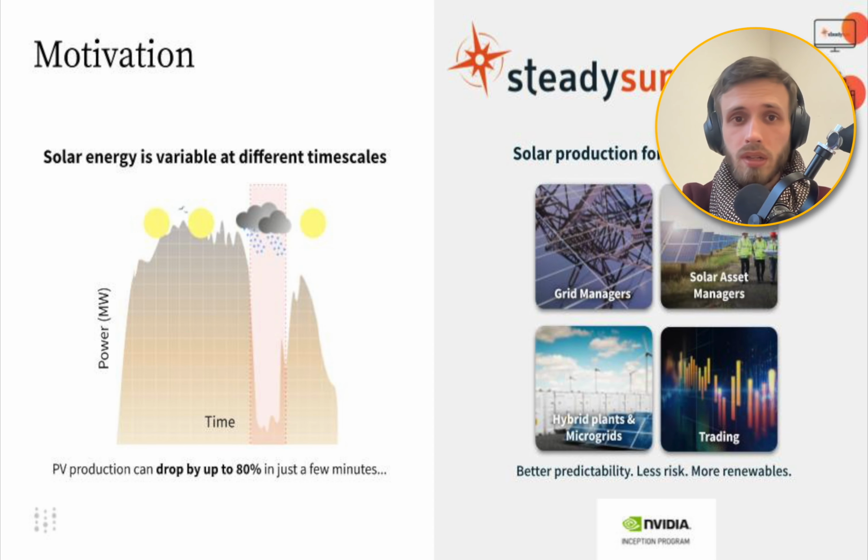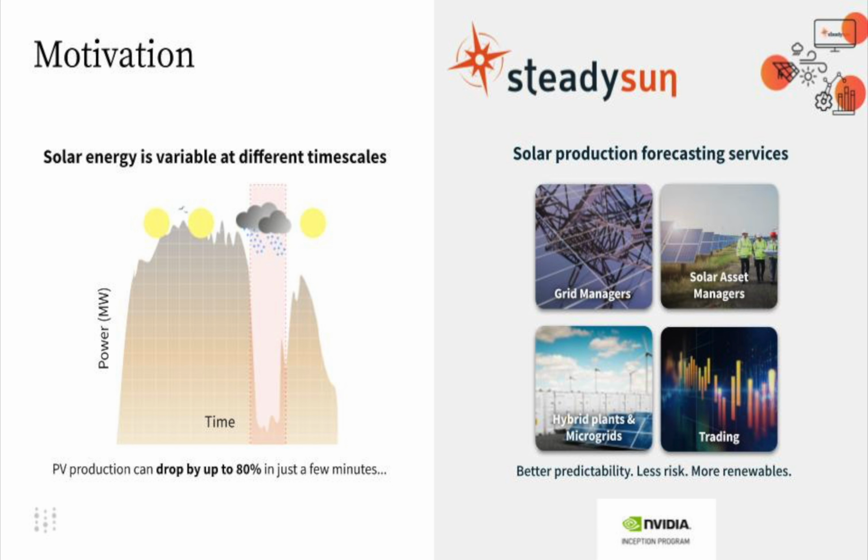So we focused this study on solar forecasting for photovoltaic production. As everyone may already know, solar energy has enormous potential, but it also has a major drawback, and that's its instability. A cloud passes over a power plant and the power production can drop by up to 80% in a matter of minutes.